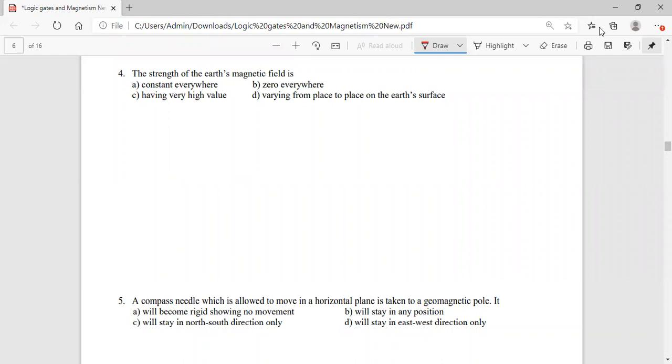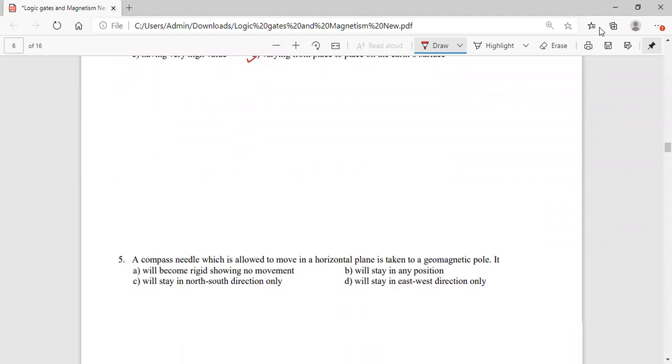We are defining these terms because the magnetic field of the Earth varies from place to place. Therefore, to get the direction and magnitude of the magnetic field at any point on the Earth's surface, we define the three quantities called inclination, declination, and horizontal component of the Earth's magnetic field. Option D is the correct answer.